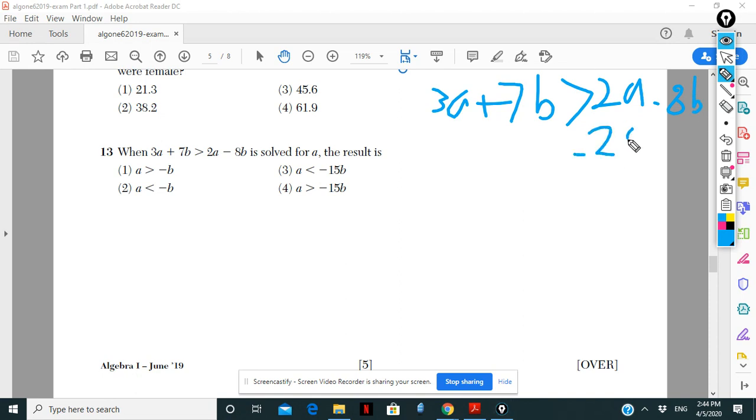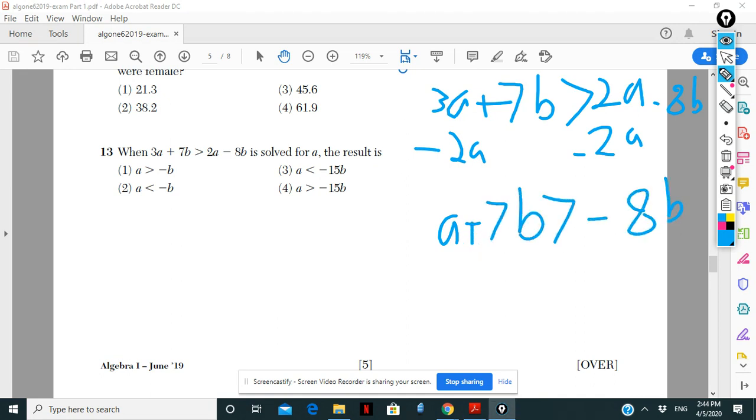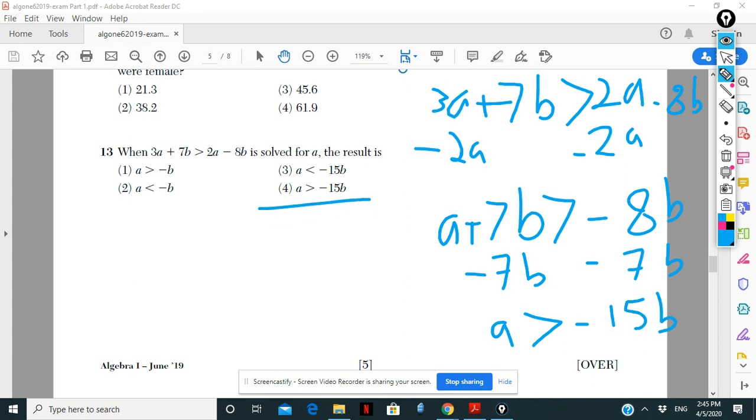So minus 2a, minus 2a. I get a plus 7b is more than negative 8b. Then minus 7b, so I get a is more than negative 15b. So the answer is 4.